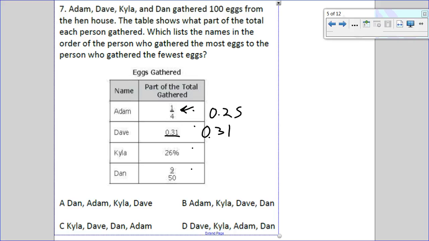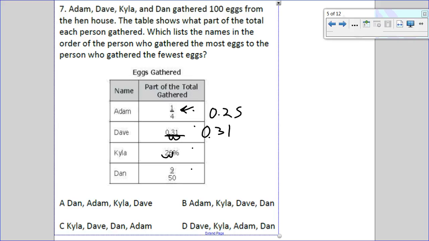We know when we want to change a percent into a decimal, we just pretend that there was a decimal there, and we move it 2 places to the left every time. 2 places and only 2 places every single time. Never move the decimal any more or less than 2 places to the left when you're changing from percent to decimal. Okay? And we know to change a decimal to a percent, we move 2 places to the right. This would be 31% right here.